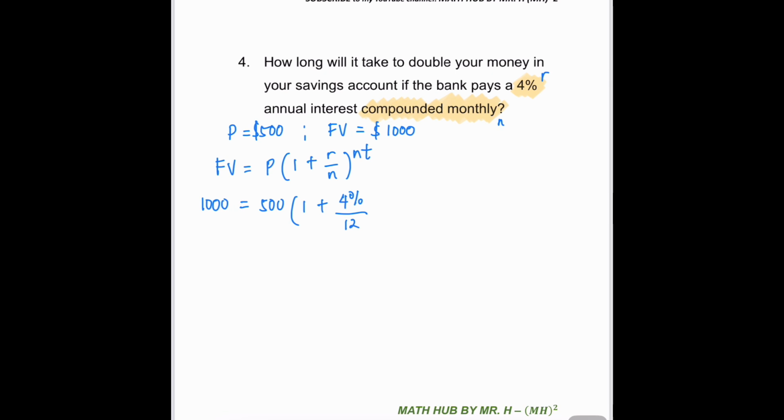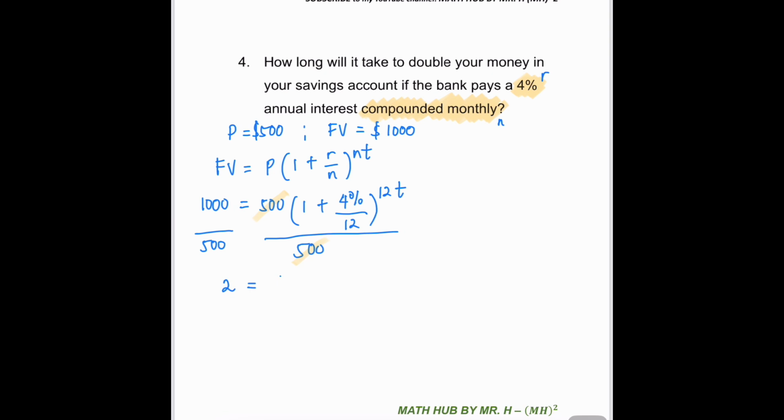So n will be equal to 12, to the power of 12 times t, which is 12t. And then from here, you can divide both sides first by 500. So 500 divided by 500 is 1, and 1,000 divided by 500 is 2.